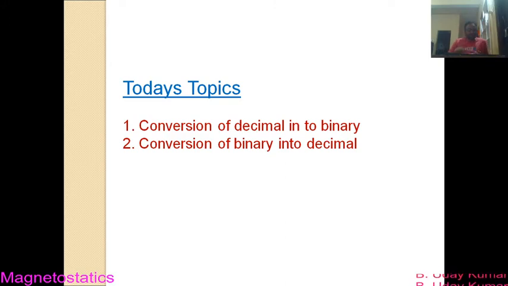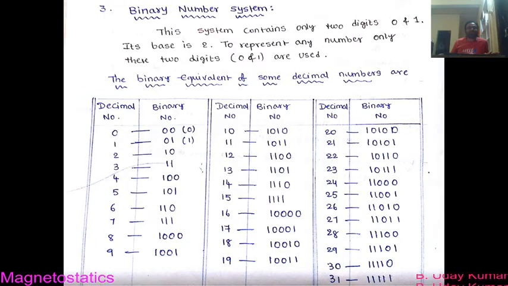Now, the binary number system. You know that the binary number system is a number system which consists of only two digits. So this system contains only two digits, which are 0 and 1.